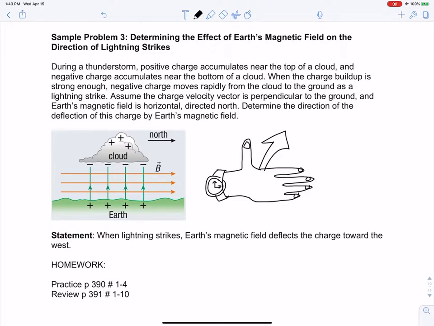And if we look, this is west, this is north, this would be east, and this would be south. So we can say that the charge will be pushed towards the west. Okay, that'll be the direction of the magnetic force.